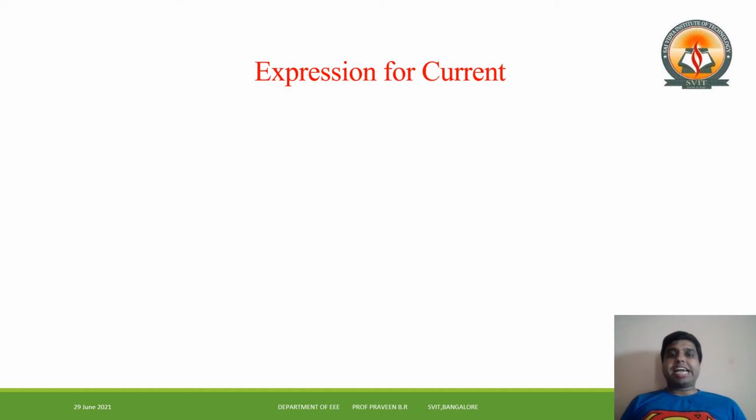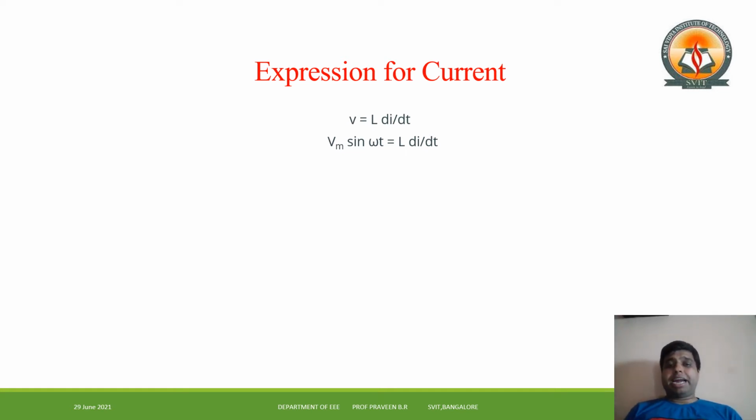So to obtain the expression for current, I consider E = V, where V is taken as Vm sin omega t and E is taken as L di/dt. So I get this expression. If I cross multiply dt on the left hand side and L to the denominator of the left hand side, I get (Vm/L) sin omega t dt = di.